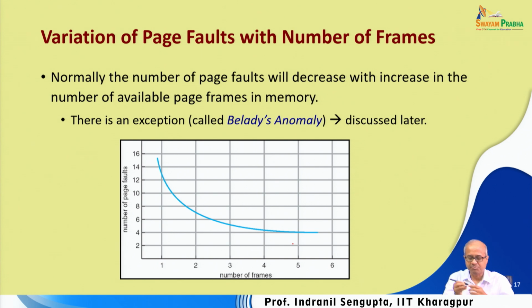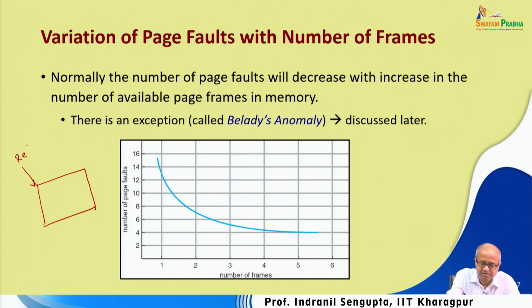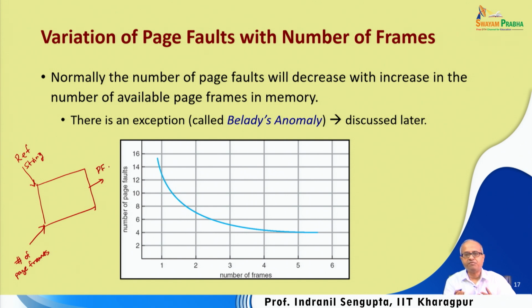So, if I want to refine the simulator slightly, one input will be the reference string, and the other input will be the number of page frames, and this, as I said, will give you the number of page faults. The number of page faults will obviously depend on how many frames are there in the memory.